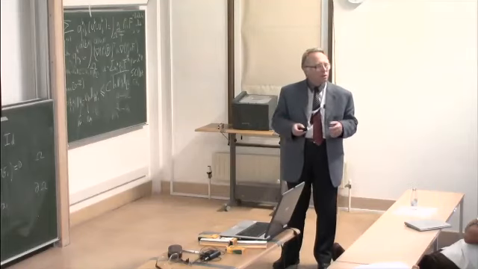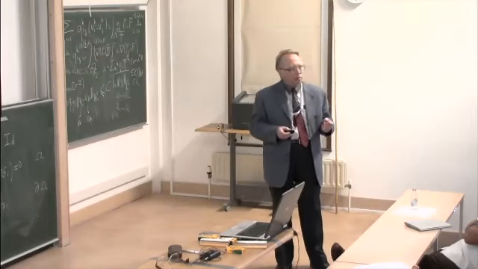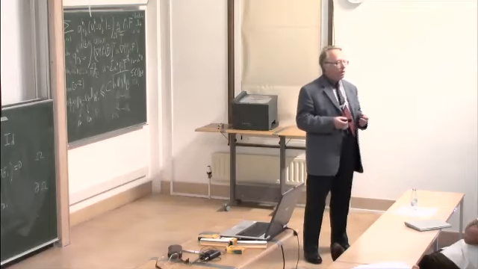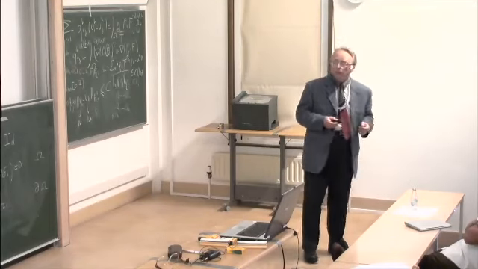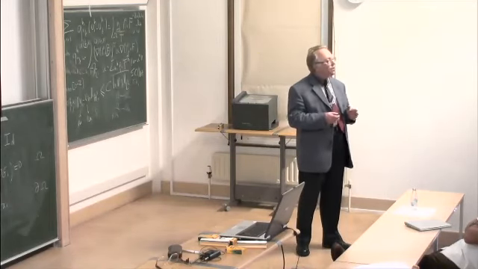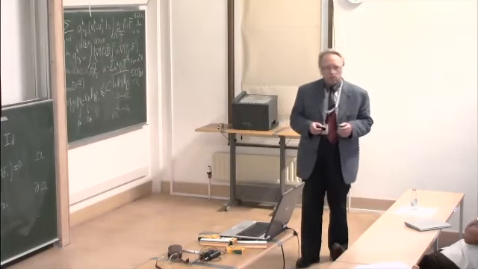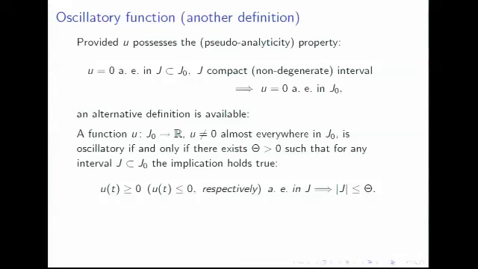If u(t) is non-negative or non-positive on an interval J, subinterval of J0, then necessarily the length of J is less or equal to Theta.